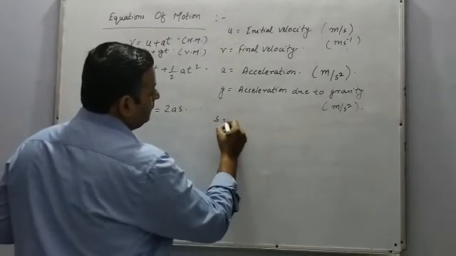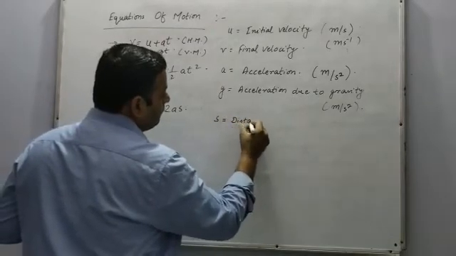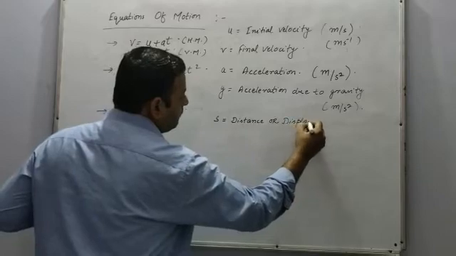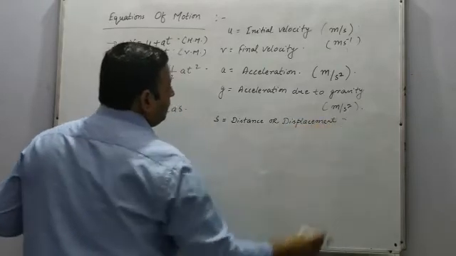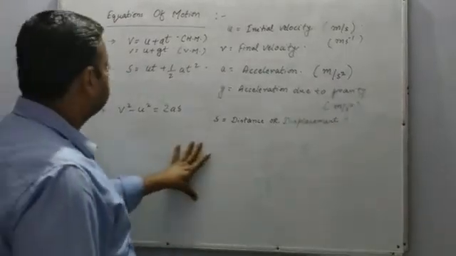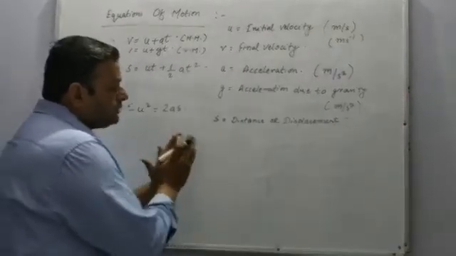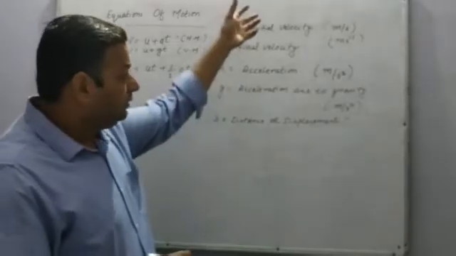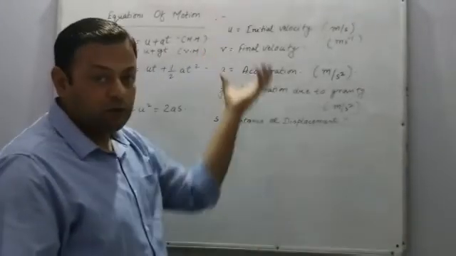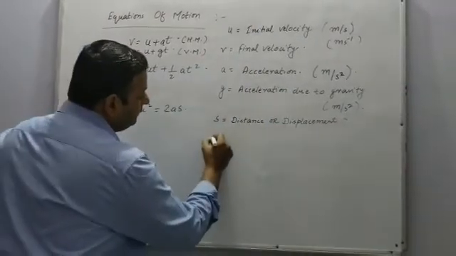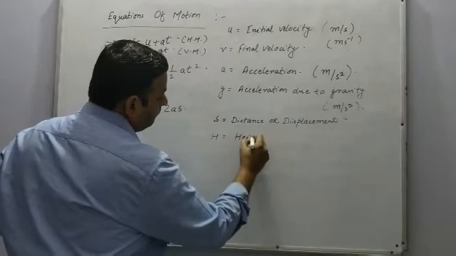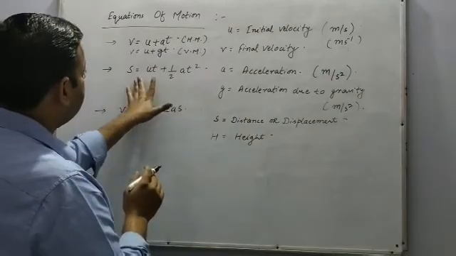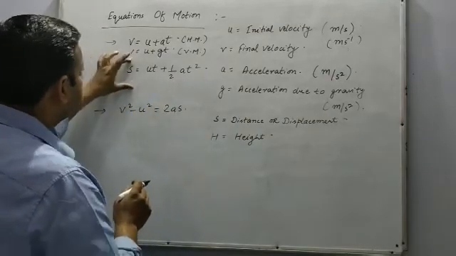Now S is the distance or displacement. We use the letter S only in case of horizontal motion, whereas in case of vertical motion, suppose something is falling from a height, then we use the letter H. So the second equation, S is equal to ut plus half at square, is in the case of horizontal motion.